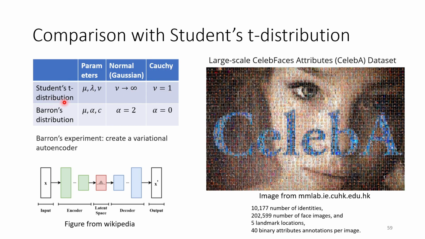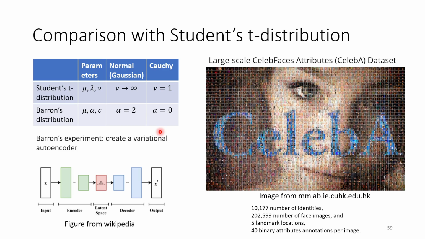Now Barron proposes his own distribution. There are 3 parameters: mu, alpha, and c. When alpha is 2, it becomes the normal distribution. And when alpha is 0, it becomes the Cauchy distribution. So from a certain perspective, the Student's t distribution and the Barron distribution are both generalizations of Gaussian and Cauchy.